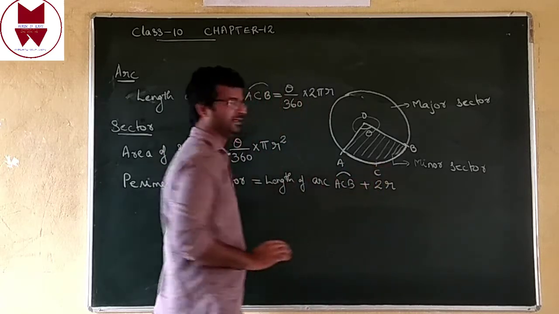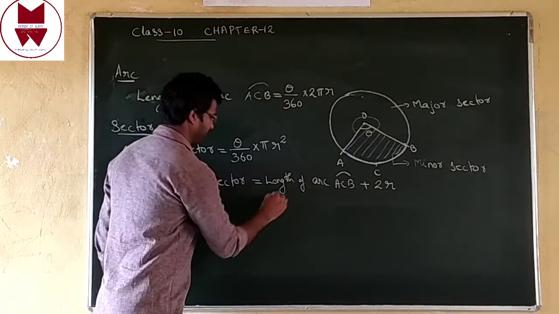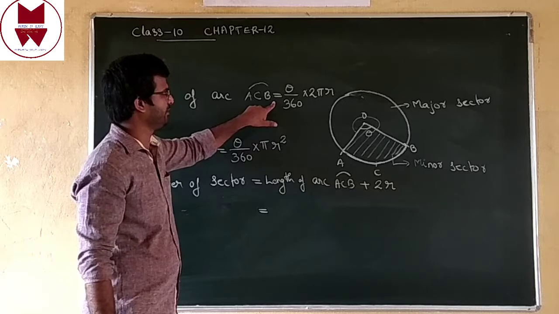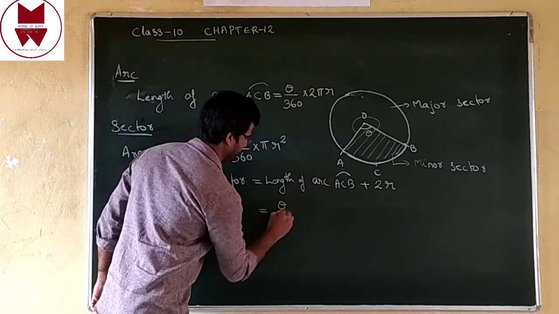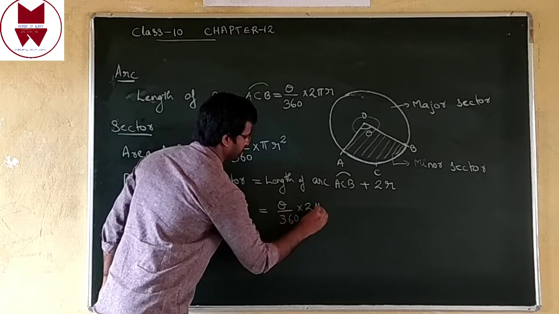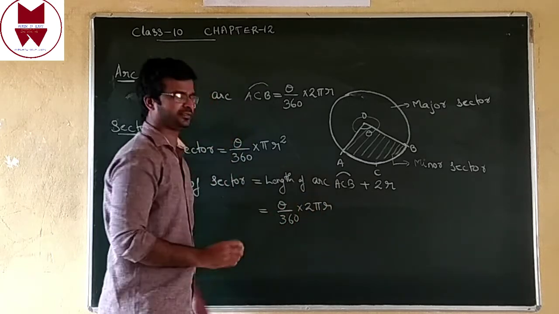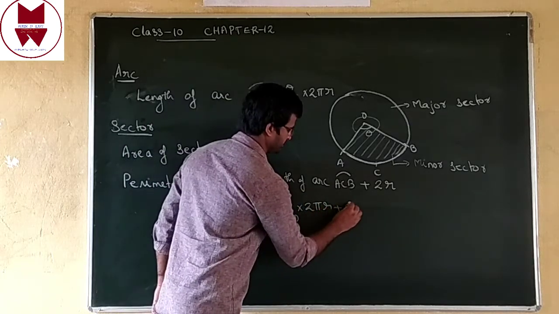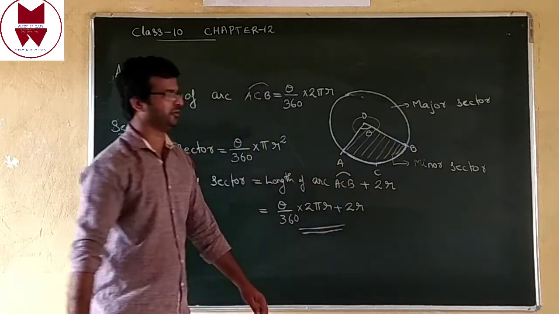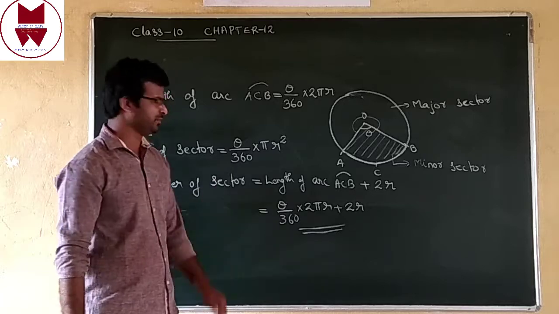R means radius. Length of arc, already we have studied one formula, theta by 360 into 2 pi r. This is length of arc plus 2r, the same 2r. This is the formula for perimeter of sector.